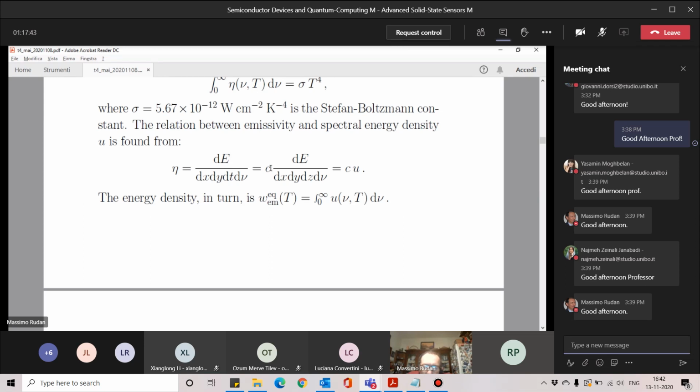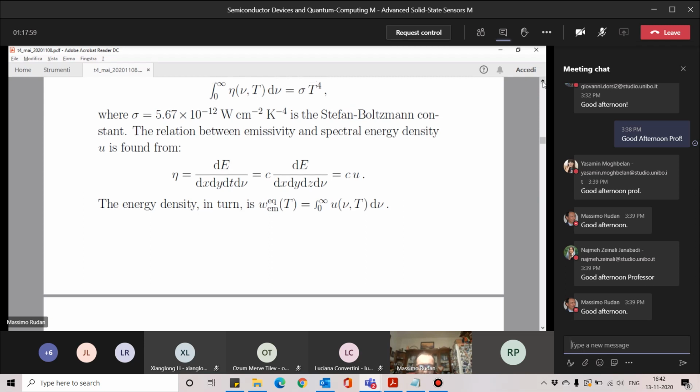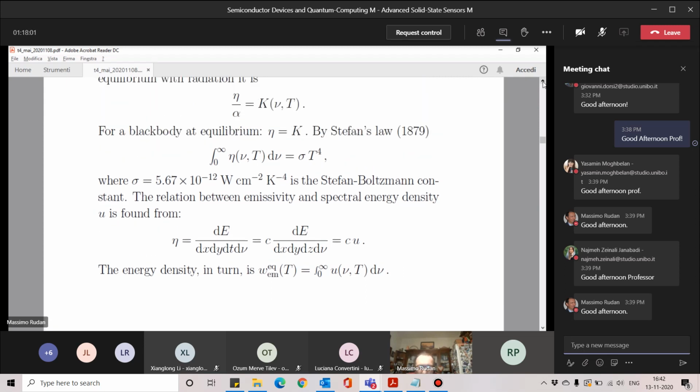So you see that in the second form of the formula, you have dE over dx, dy, dz, that is the energy per unit volume, and then we divide by dν. So the expression of emissivity suitably manipulated gives the result that eta is equal to c times u.